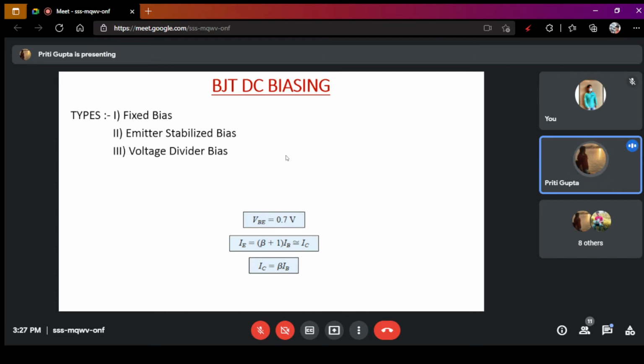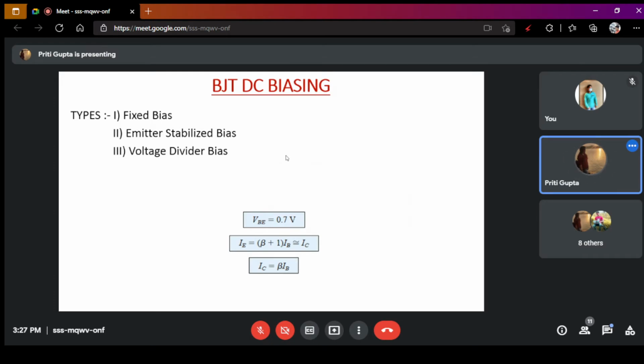That is perfect. Each and every problem is very important, and you can expect in your GATE exam also 1 to 2 problems from biasing.